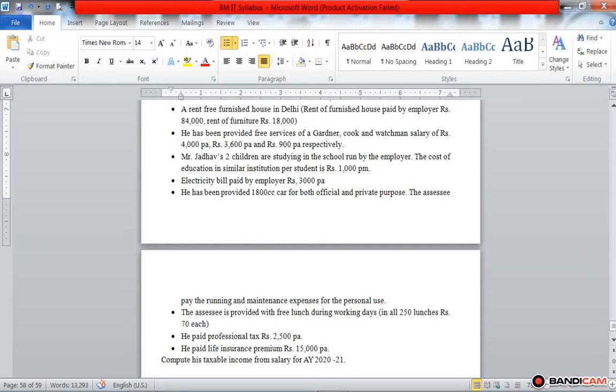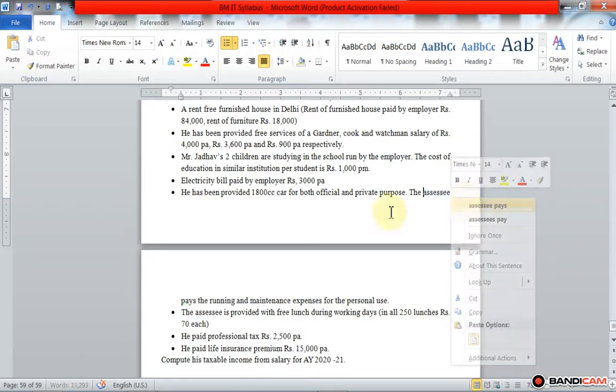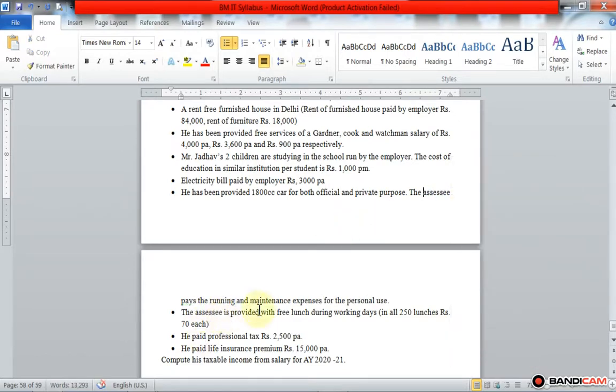So 2,400 multiplied by 12, we get 28,800 as the value of the car. It is very easy, just remember the rules. Then the assessee is provided with free lunch. Free lunch is a perquisite, and it is provided during office hours.